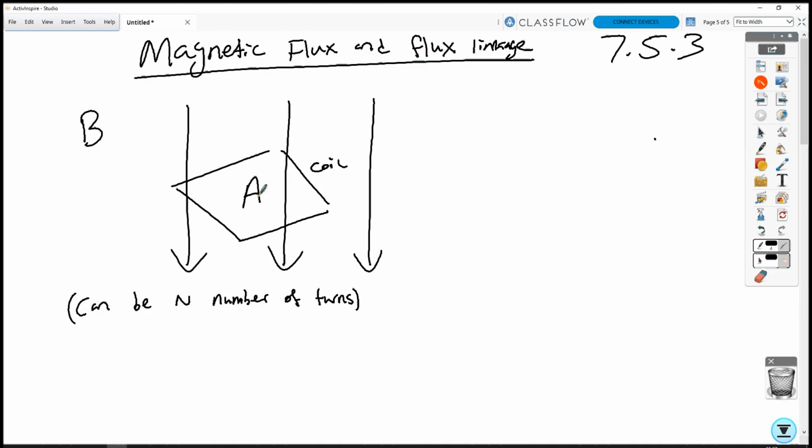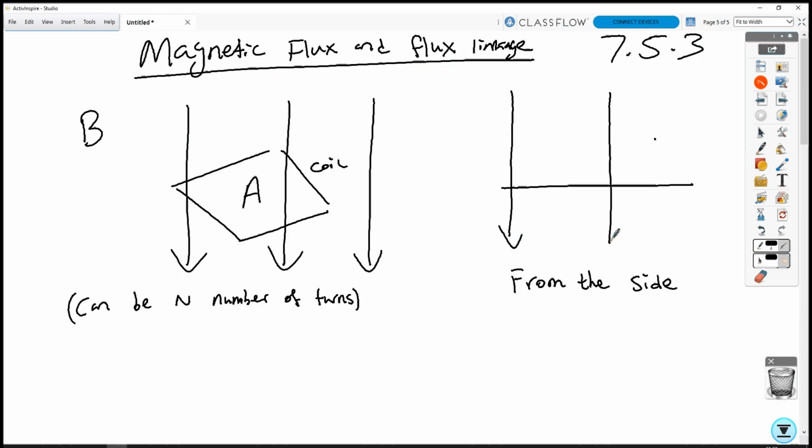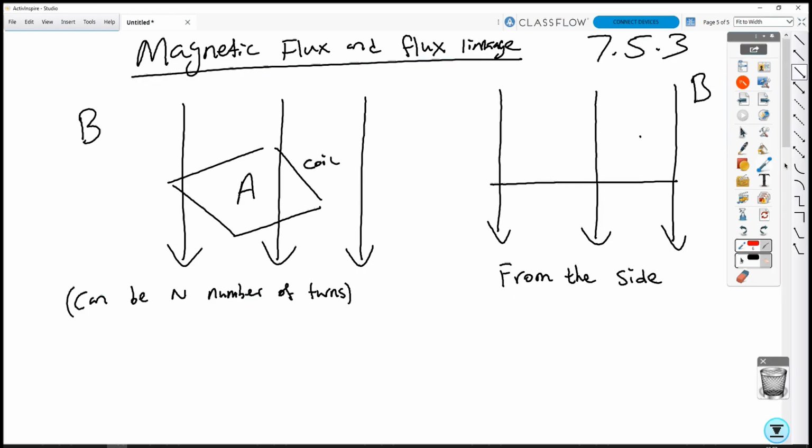If we were to look from the side, I'm going to draw the same diagram, but looking at it from the side. Our coil just appears to be a flat line because we're looking at it dead from the side, so we can't actually see it going into the paper. Our field lines again are going down, that's B. And our indicator is just this imaginary arrow.